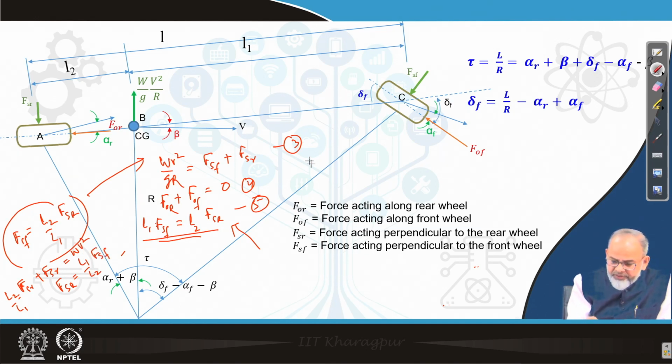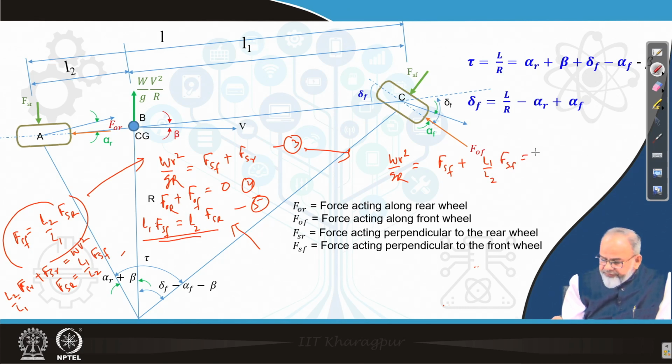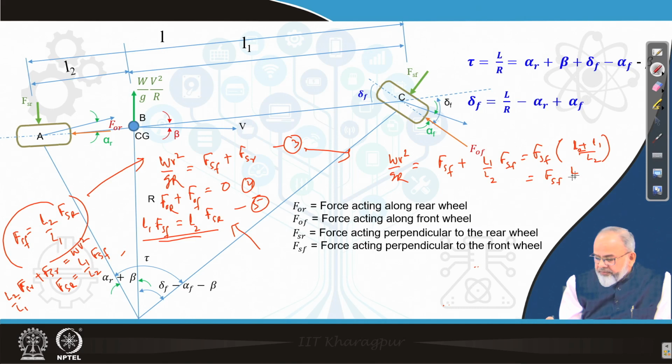If I substitute in equation number 3, W v square by g r will be equal to F_sf plus F_sr, which I write as L1 by L2 into F_sf. If I take F_sf common, 1 plus L1 by L2, that is L2 plus L1 by L2. L2 plus L1 is nothing but L, so F_sf times L by L2.